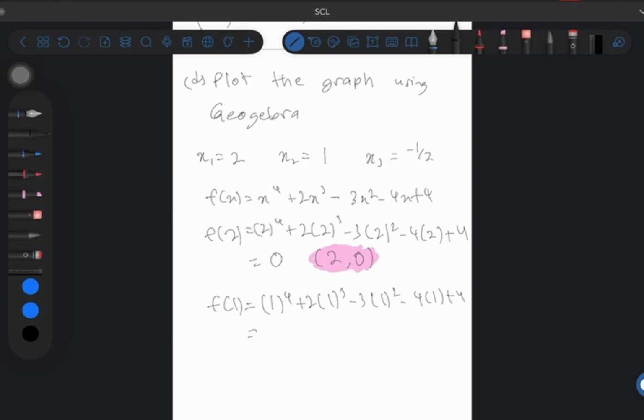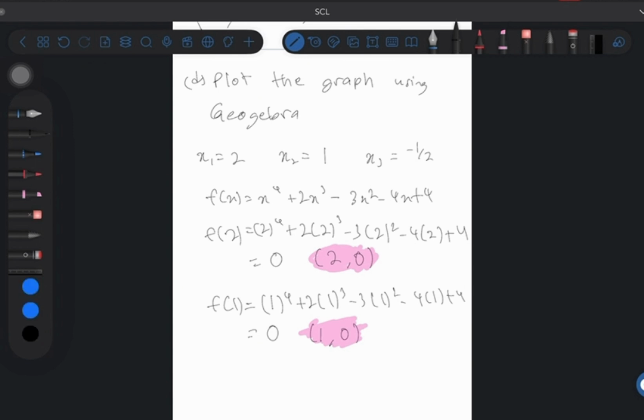If we go to the calculator, we get the value 2. So for the second, our maximum point is (1, 2). This is our maximum point in our graph.